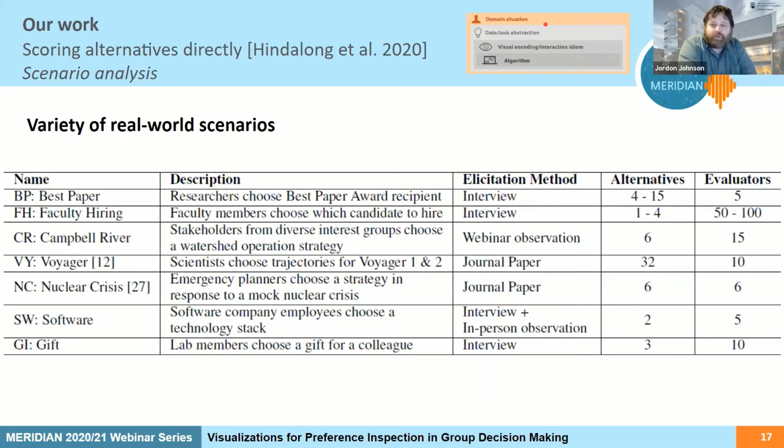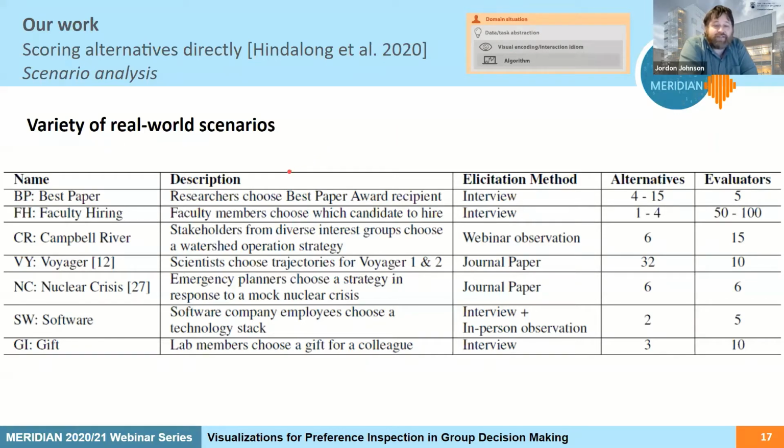So, of course, we begin with the domain situation. And since there are so many domains that can be applied to group decision-making, in order to understand group decision-making as a whole, we want to look at a variety of real-world scenarios so that we can try and get domain-independent features of group decision-making. And so that's what we did.